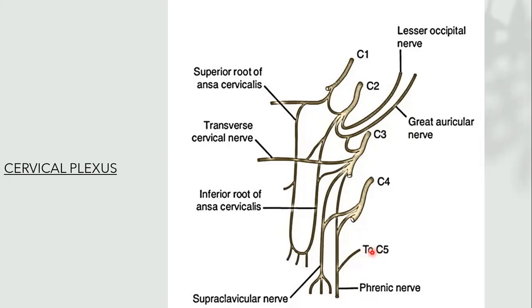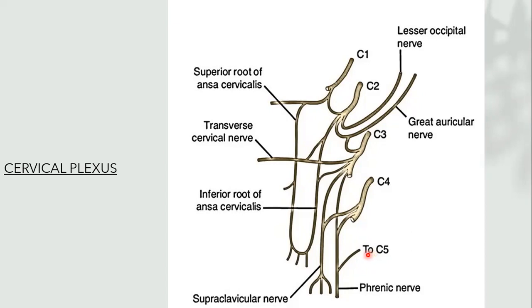They can enter the superior trunk of the brachial plexus, and then from the superior trunk, they enter the nerve to subclavius, and then they exit the nerve to subclavius and join the phrenic. So if they take that variant course, that is what is known as the accessory phrenic nerve. Okay, accessory phrenic nerve.